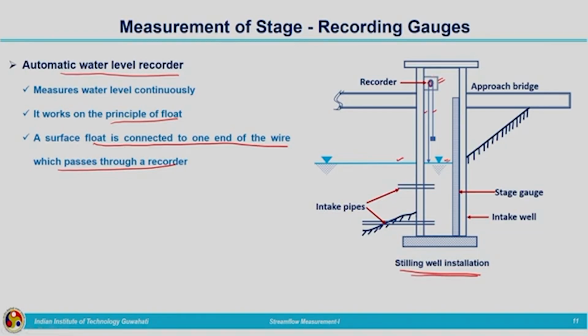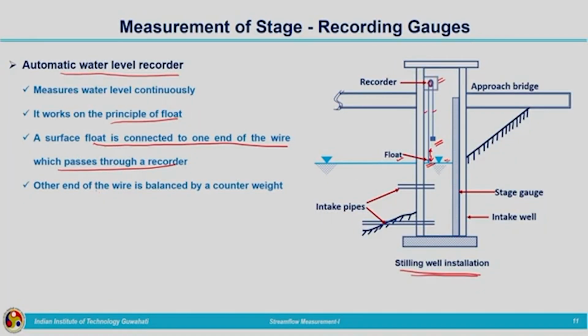At one end of the wire there is a float, and depending on the water level this float will be moving up or getting lowered. If the water level is increasing, the float will be moving up. Based on that, this weight will be moving down. So, this movement of this float and the weight will be noted down by the recorder.